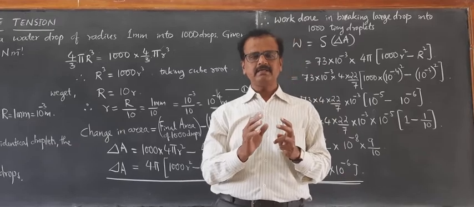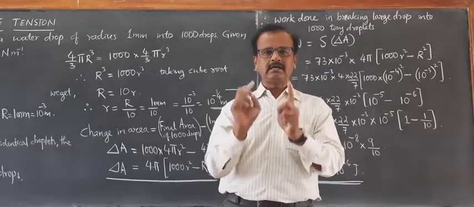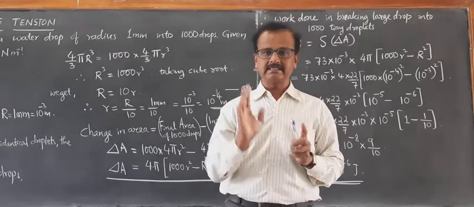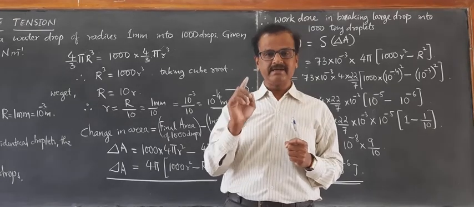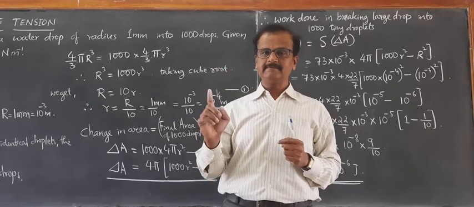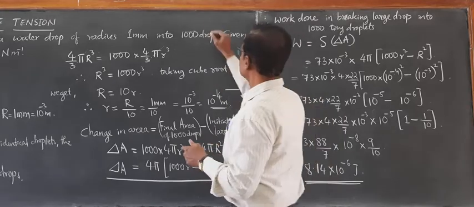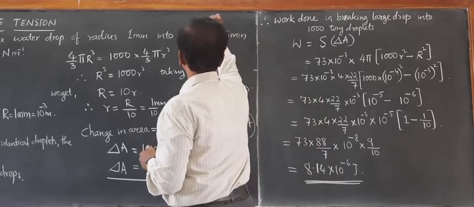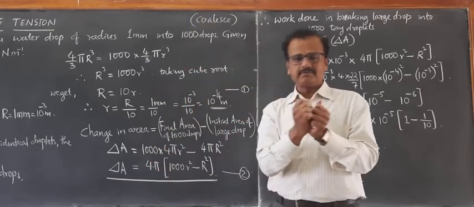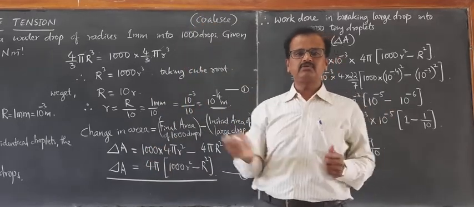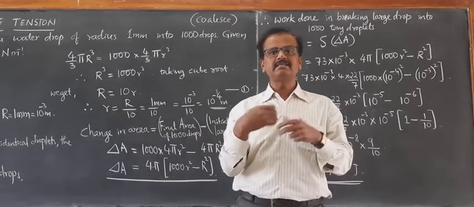Once again I am saying, if 1000 tiny drops of identical size, each having radius 0.1 millimeter, coalesce, means club together, to form one large drop, how much is the energy evolved?